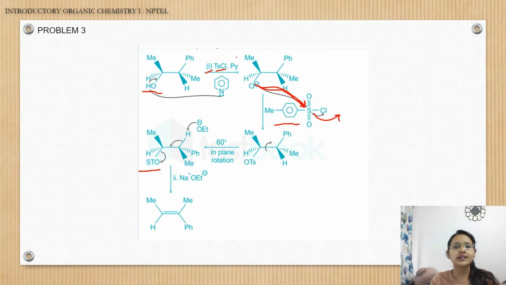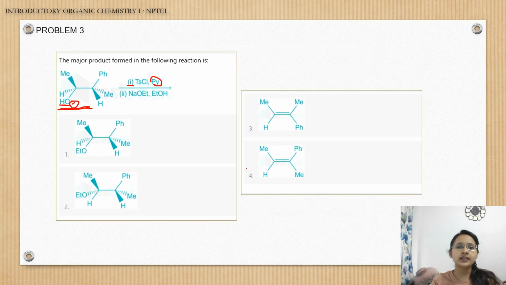Now the alkoxy that is formed will attack the tosyl chloride. So sulfur is getting attacked and Cl is getting knocked out. After attachment of the oxygen and the sulfur group, this OTs becomes a very good leaving group, which was not the case with OH. So to make it a good leaving group, we treated it with pyridine and tosyl chloride to make OTs instead of OH, right?